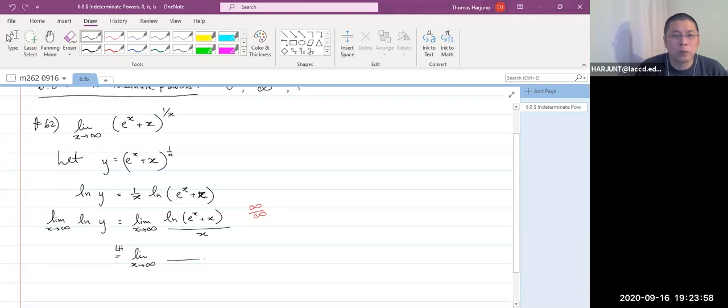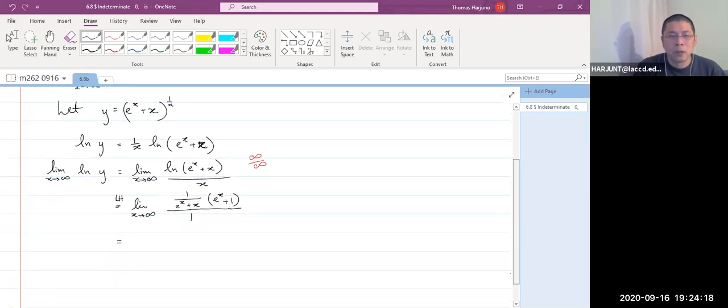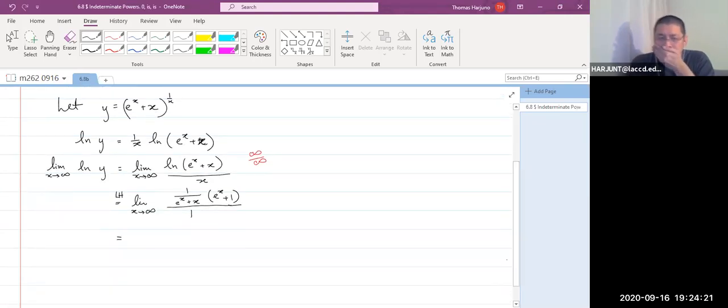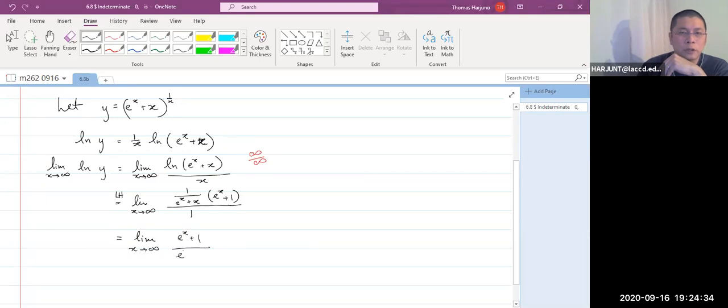On the top, when I do the derivative, I will get 1 over e to the x plus x times e to the x plus 1 over 1, which simplifies to e to the x plus 1 over e to the x plus x.